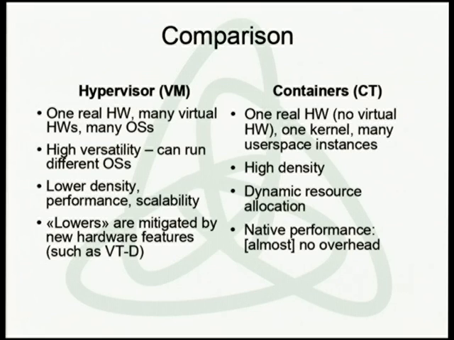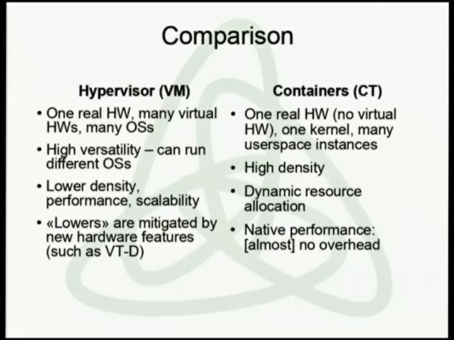As opposed to hypervisors, with containers we still have one piece of hardware, and one kernel, not multiple kernels, but just one kernel. And on top of that, multiple user spaces. What this means is we cannot run any other operating systems. It's the Linux kernel, so it's Linux user space. But this also means that we do it much more effectively.